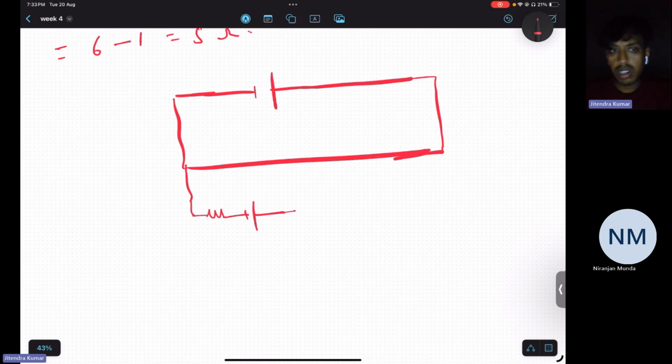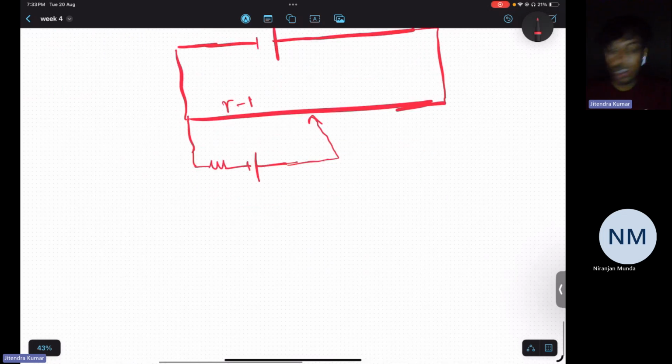And now this resistance is R minus 1. Now, if we need to calculate VTH, the same thing: VTH corresponds to R minus 1.